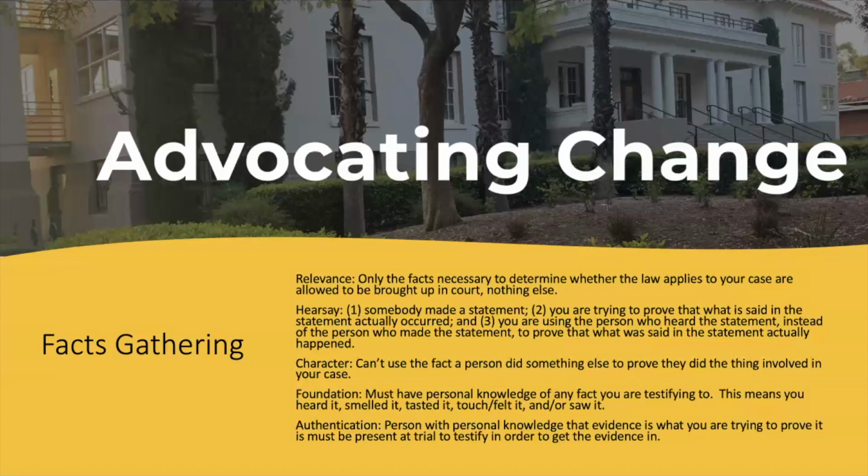And finally, we're going to talk about authentication. And authentication deals with a person with personal knowledge being able to testify that a piece of evidence is in fact what you are claiming that evidence is. For instance, a contract.